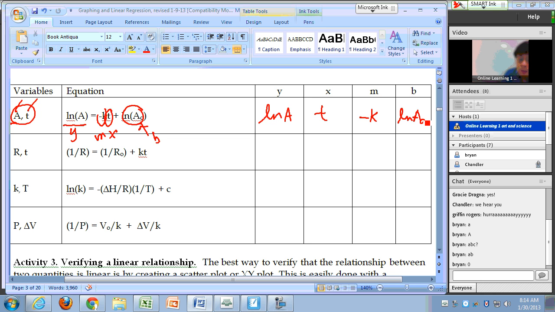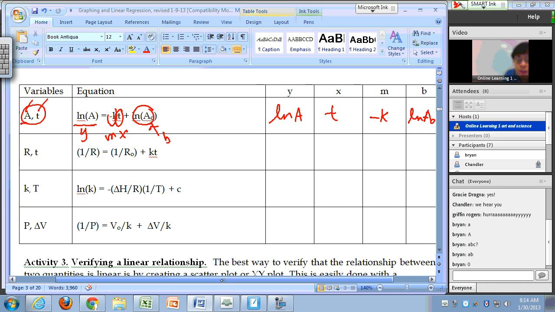Okay? So let's look at this next equation right here. If I were to call 1 over r my y, what would my x be? Look at my variables. My variables are r and t.